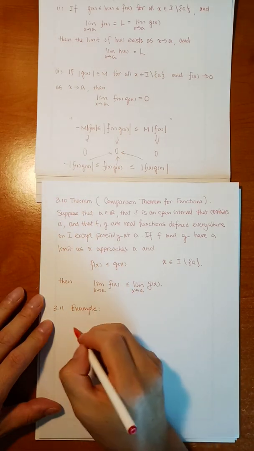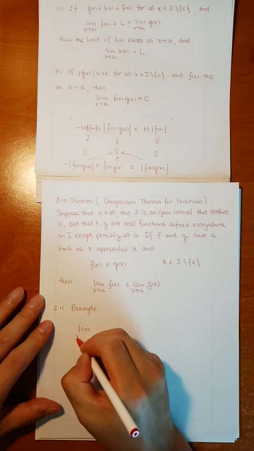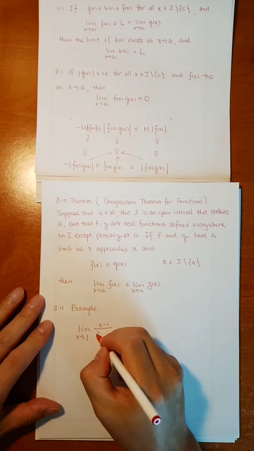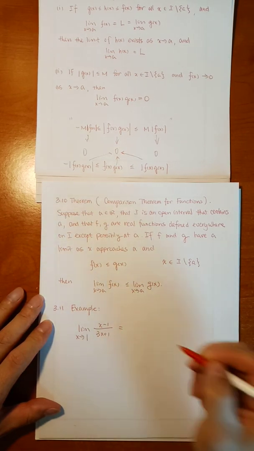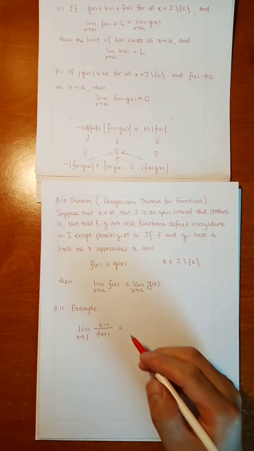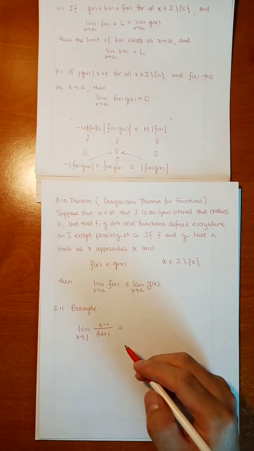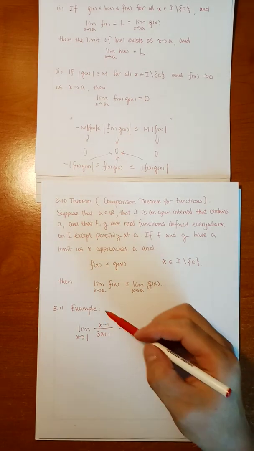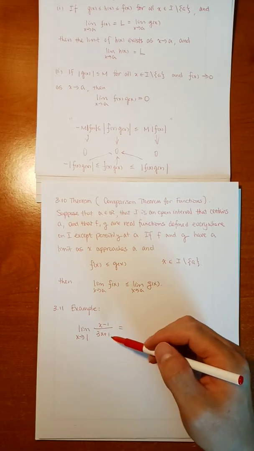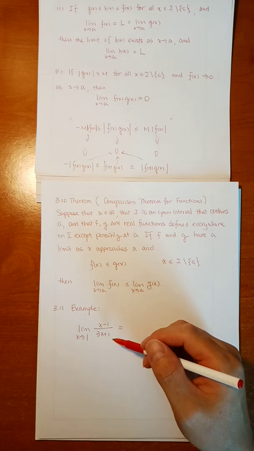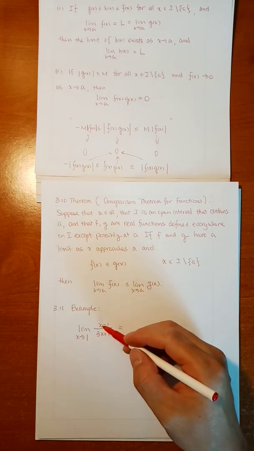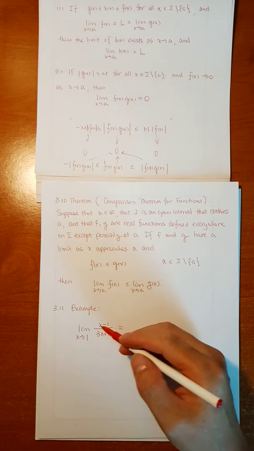So if we want to evaluate this limit, we evaluate the limit of (x minus 1) over (x plus 1) as x approaches 1. We know that they are rational functions, a polynomial over a polynomial. And we also know that the polynomials have the limit by the difference rule and the sum rule.